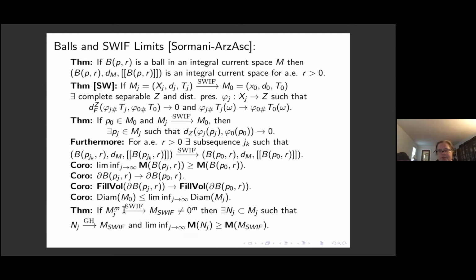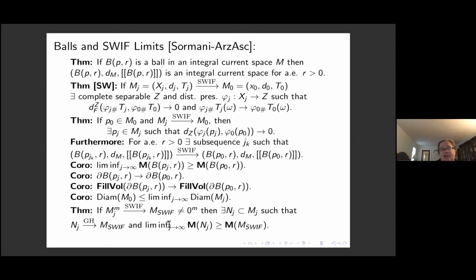And then we have a theorem that says if MJ Swift converges to M infinity, you can actually find domains NJ in MJ such that the NJs Gromov-Hausdorff converge. So think of this as we know that there exists a region where we've cut off the wells and that this region actually converges in the Swift sense to the limit guy.